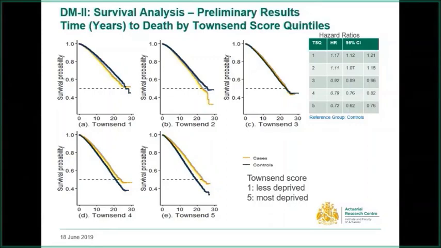But as we move on to the most deprived areas, we see from the hazard ratio, which is 0.72, that the cases have 28% less risk of mortality compared to controls.